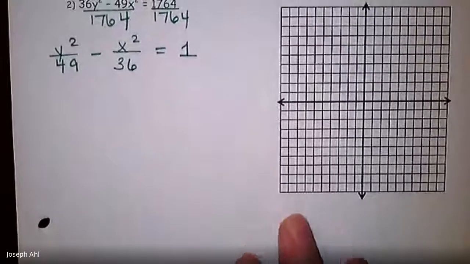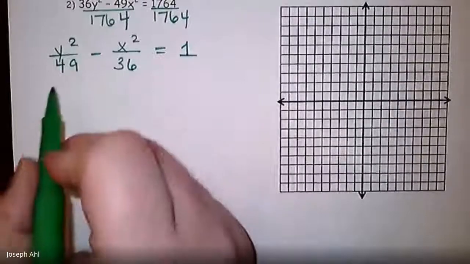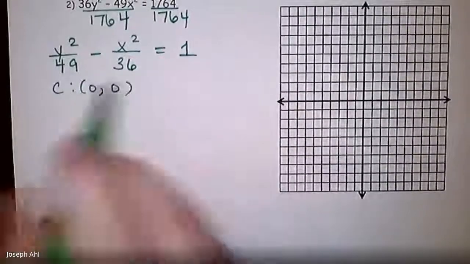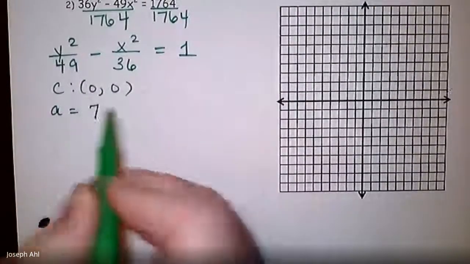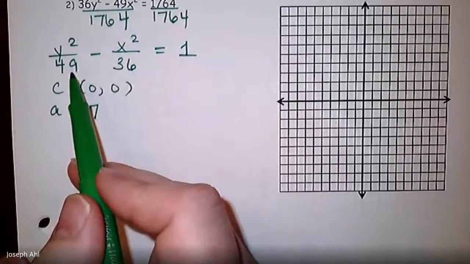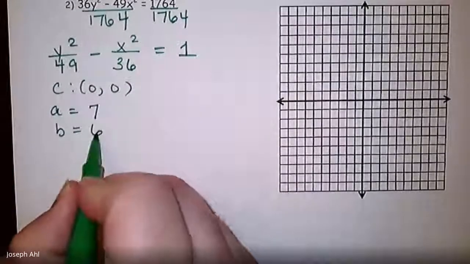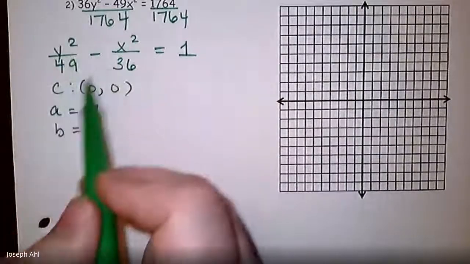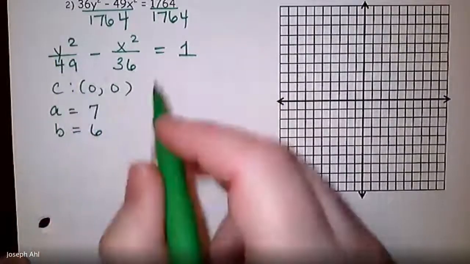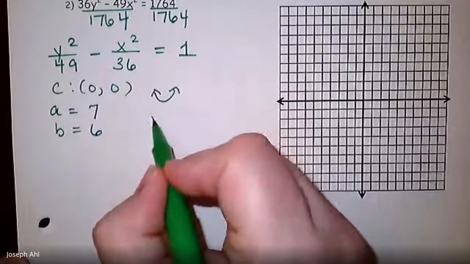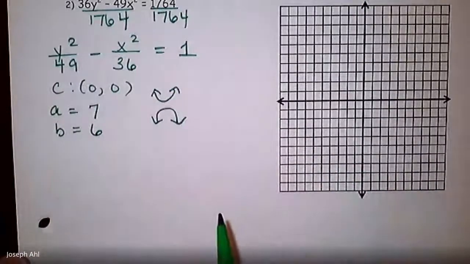All right, what do we know about this hyperbola? We should know that the center is again at the origin. We should know that the value of a is 7, not because it's biggest, but because it's always first. B is 6. Since y squared comes first, and y squared is positive, this is going to open vertically this time. So we're going to see a hyperbola that opens up and down.